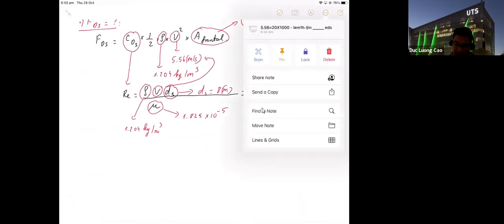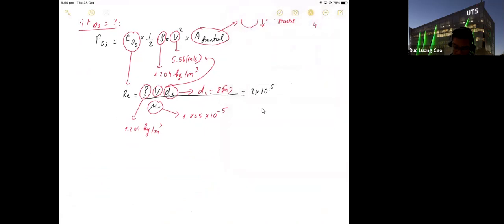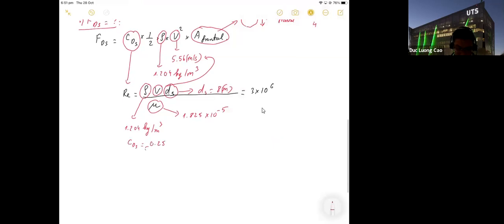So CDS equal to 0.25 or 0.26 or 0.27, that's okay.